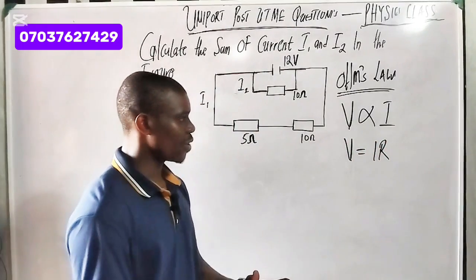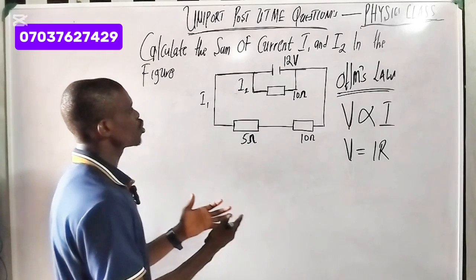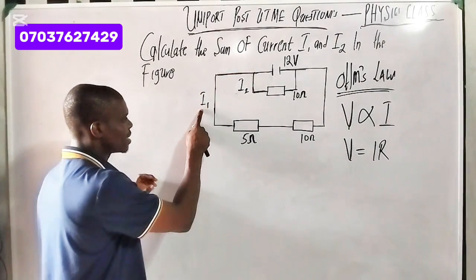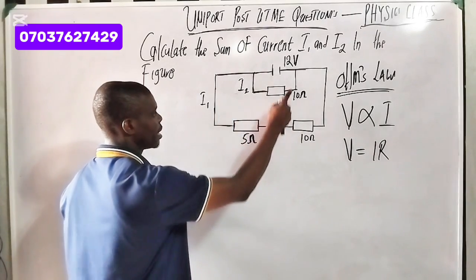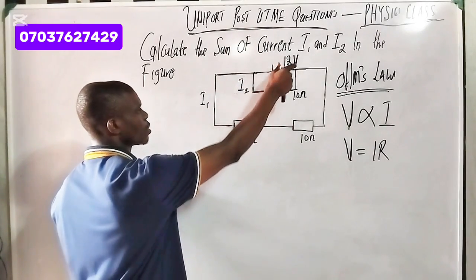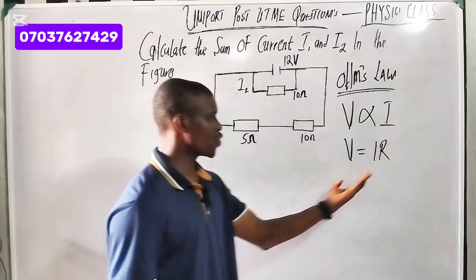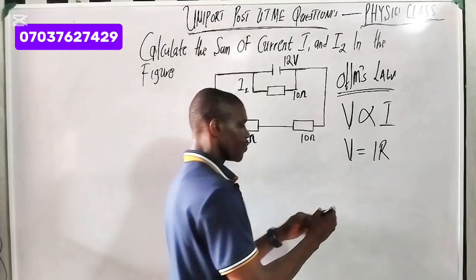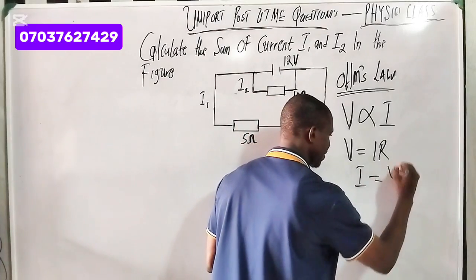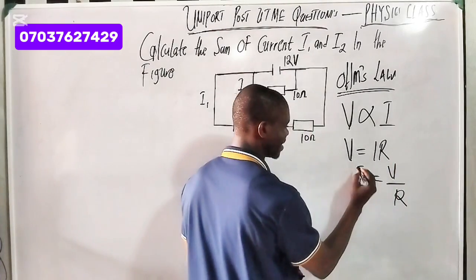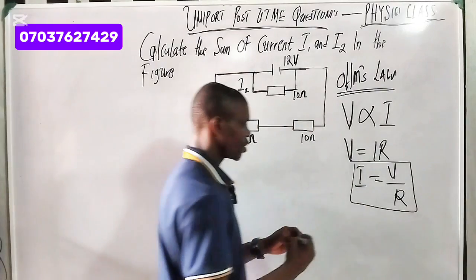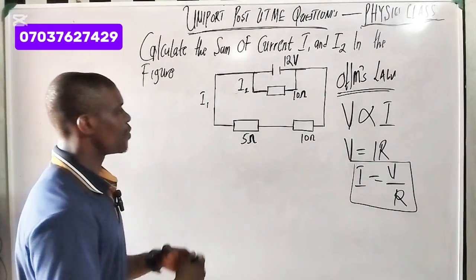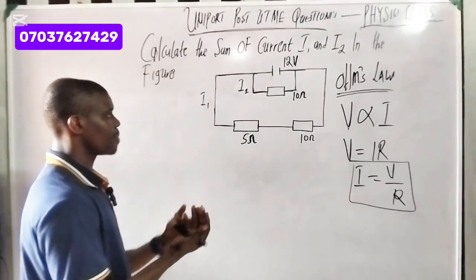Now, if you look at the question very well, you see that we are to calculate the sum of currents I1 and I2. So you need to calculate I1 that is flowing here and I2 that is flowing here. They both have a common voltage. To make I the subject of the formula, we have I equals V over R. So this is the one we are using. I want to calculate my I2 first.